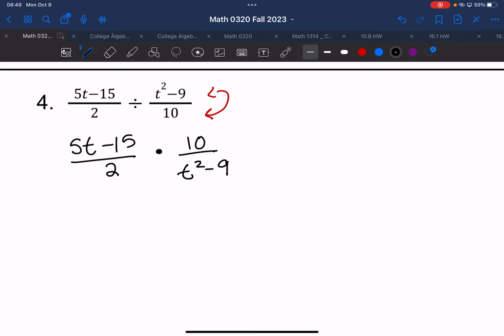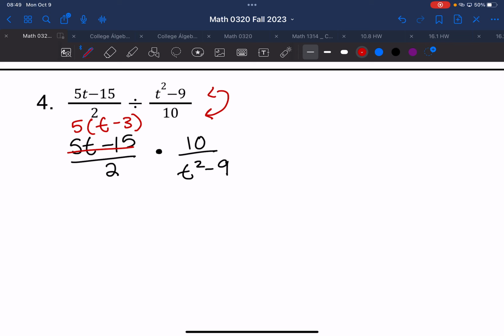So looking at the first fraction, what can I reduce? Just the first fraction. Good, I could take out the 5. So then this would become 5 times t minus 3. Okay. Anything else that I can do with that first fraction? No. Now I move on to my second fraction.